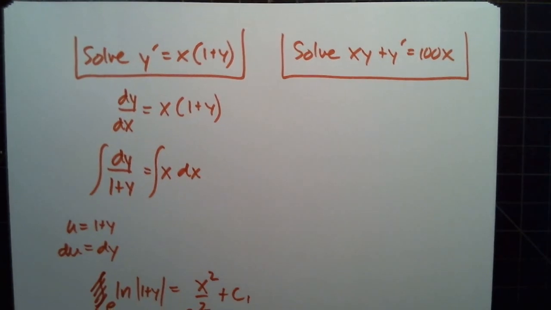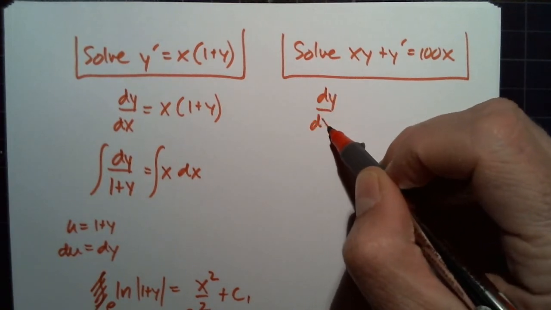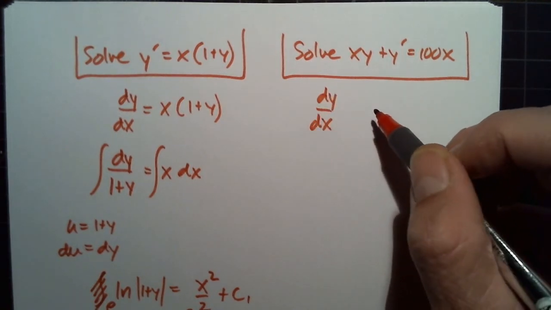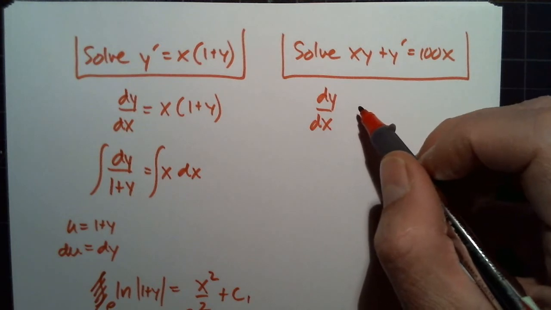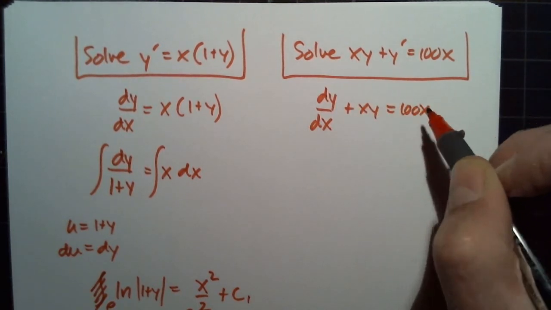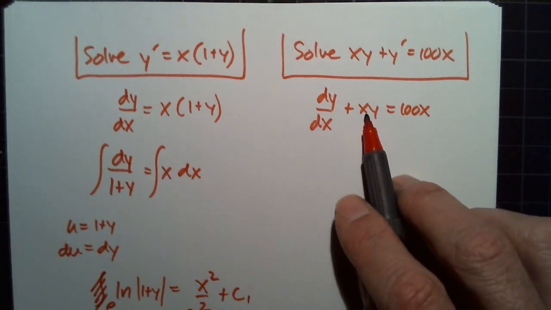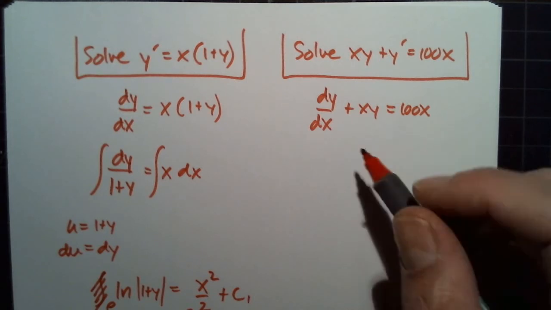Okay, pause the video and try that one. y prime is dy/dx. So we have dy/dx, and we have to be able to separate x and y. So in this case, we're going to move the x and y over.